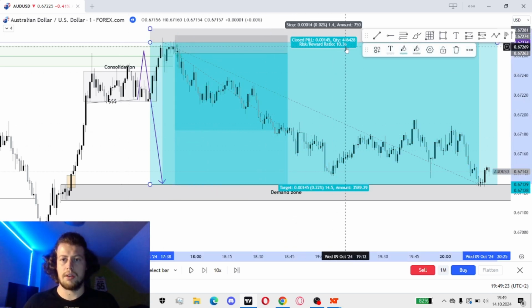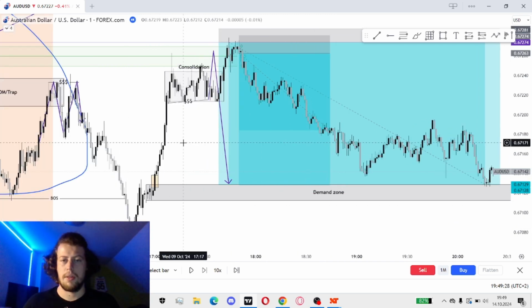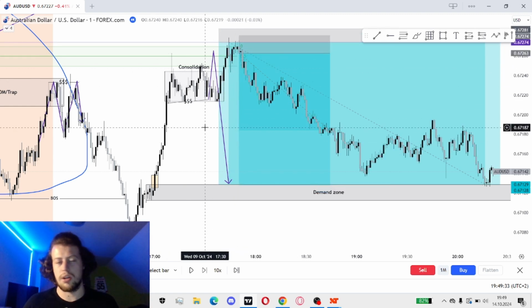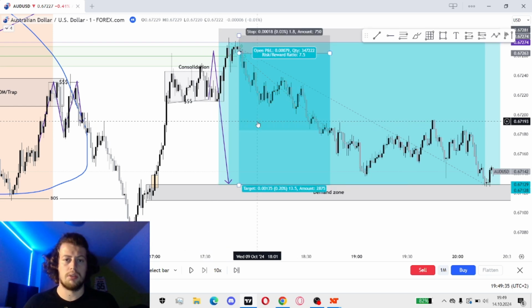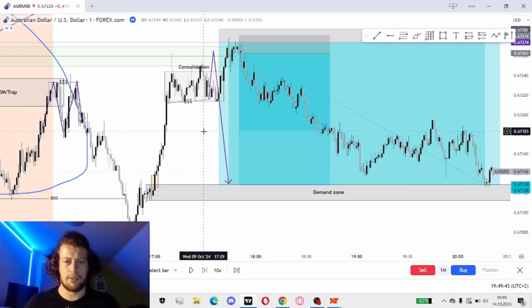In my strategy 10.36, but sometimes you have a better entry, sometimes you have a worse entry, or I have a worse entry. It doesn't matter, really, what is fine to you, what is okay to you, what you are comfortable with, so just trade it. I just wanted to show you two entry models and how you can trade, because I know you mostly love footprints.